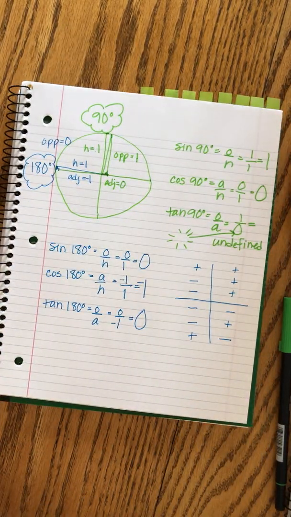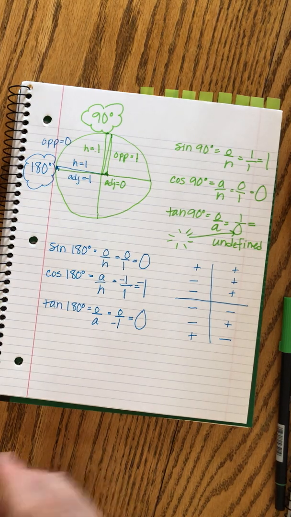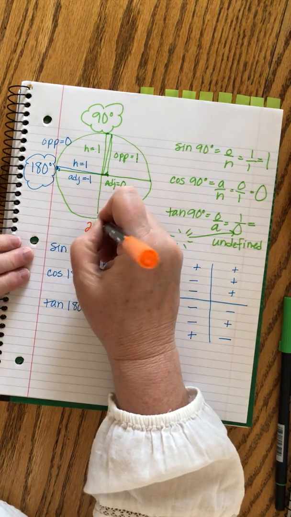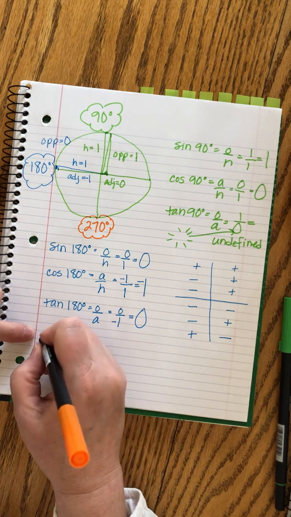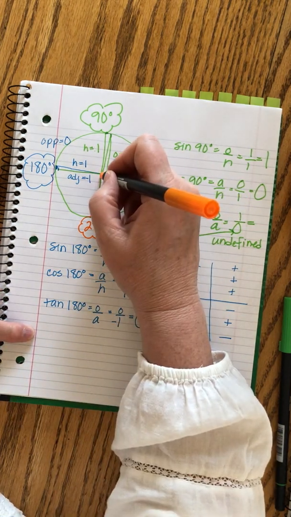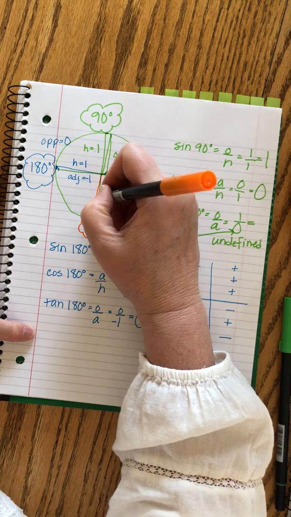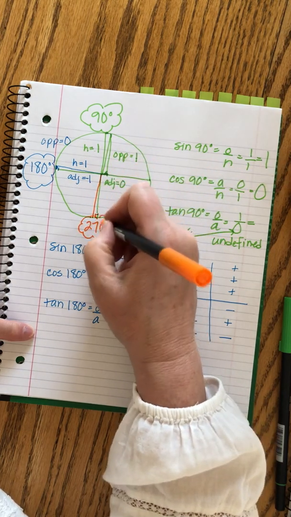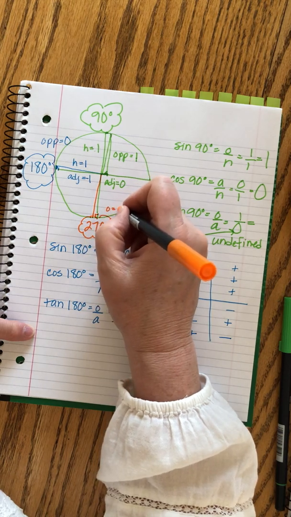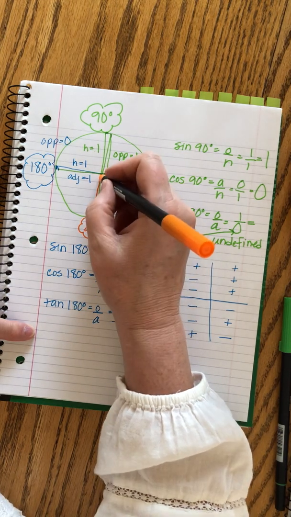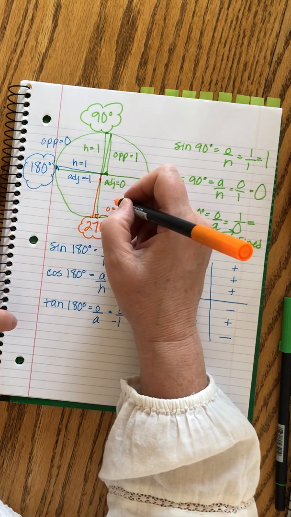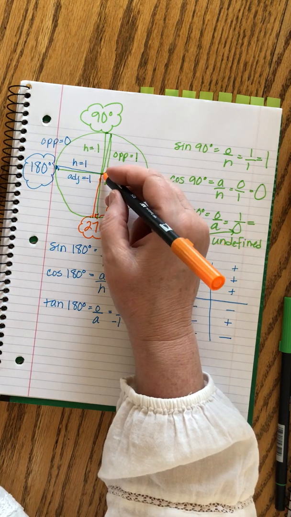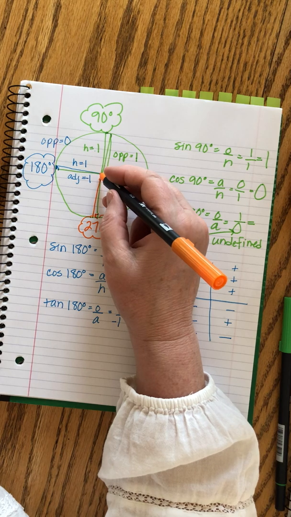Now let's do the 270. And those answers will be in orange. The triangle looks like this, right? So our opposite side equals... now the angle's here. It's always so crazy to think about.